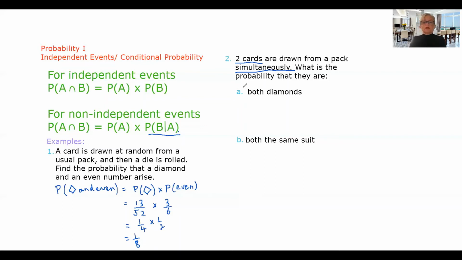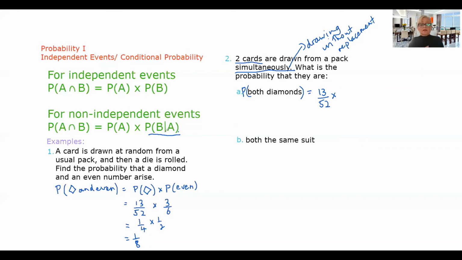So both diamonds, well, the probability that the first one is a diamond, again, simultaneously work it out as drawing without replacement. So that's why I'm referring to the first one and the second one. Probability-wise, simultaneously is the same as drawing one out and not putting it back before you take the second one. So the probability that the first one is a diamond, well, you've got 13 diamonds out of your 52 cards. Right, that's your PA.